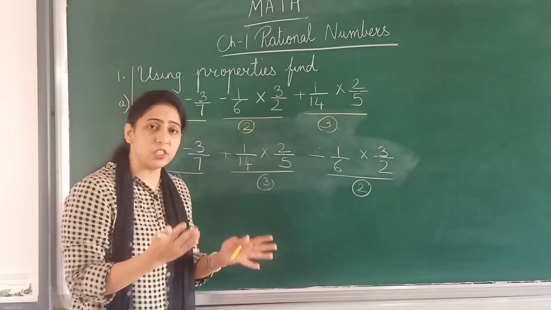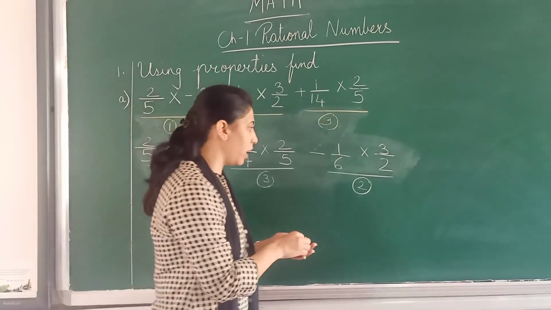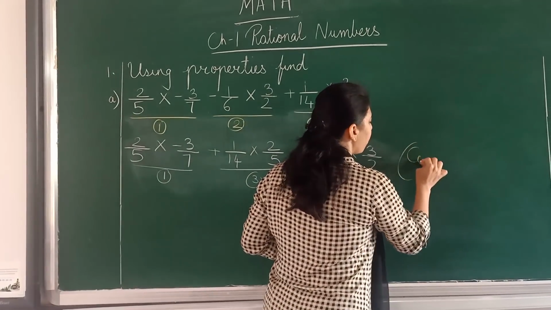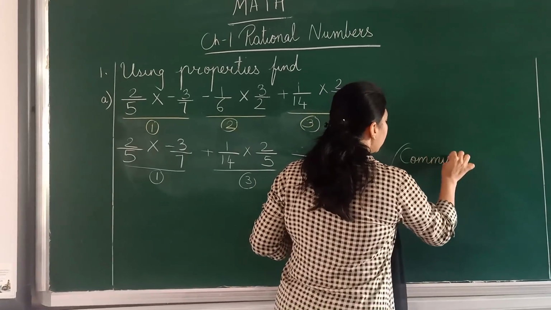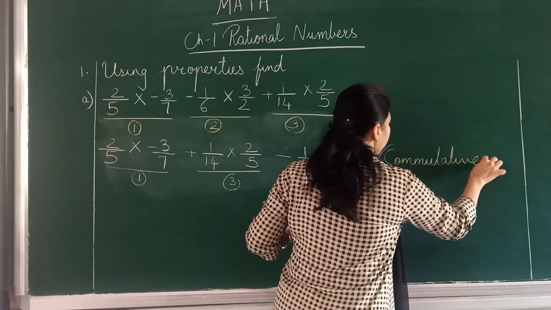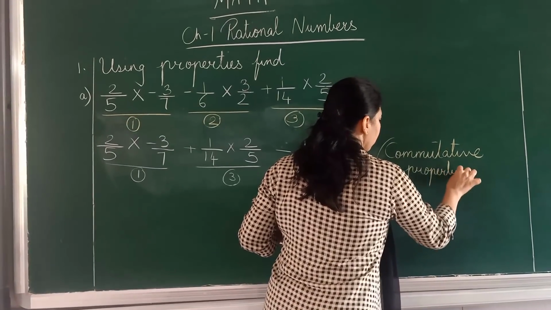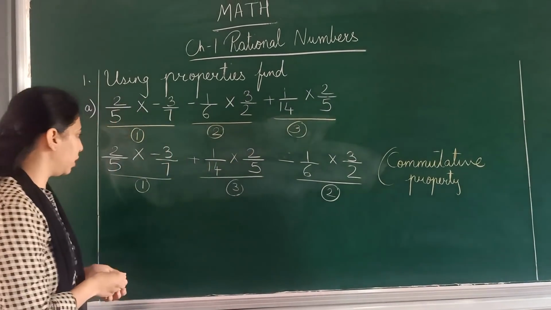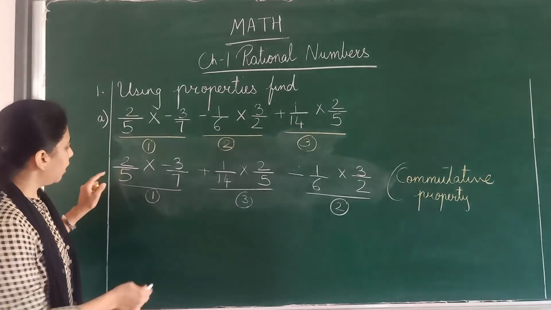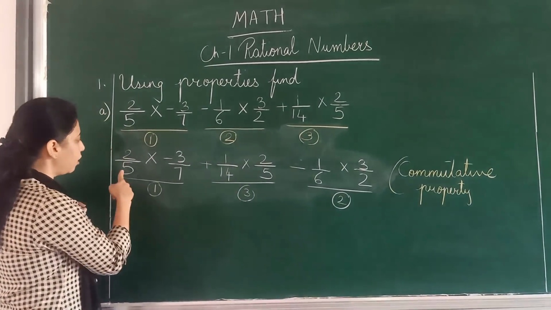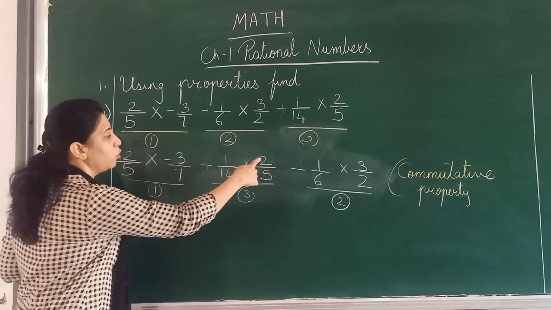When you are exchanging the digits, it is called commutative property. So which property I have applied over here? It is commutative property.